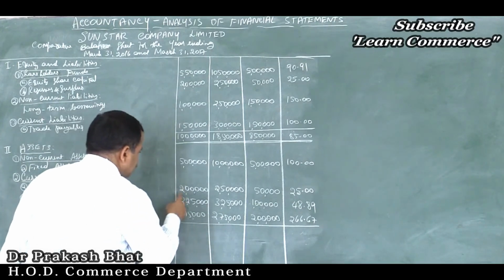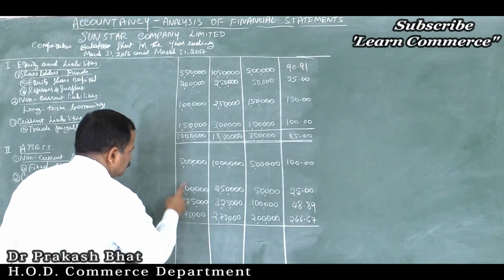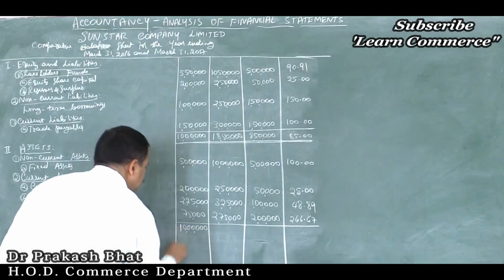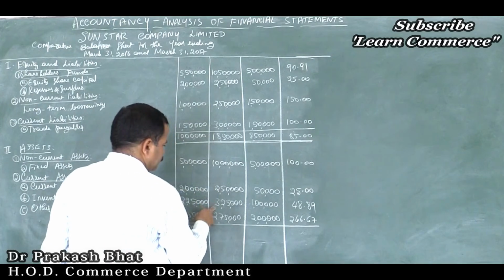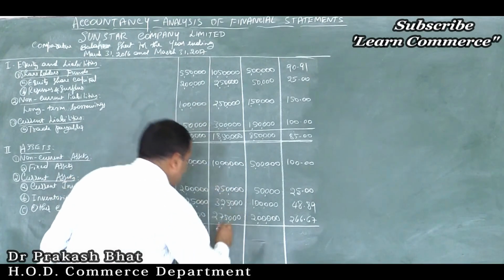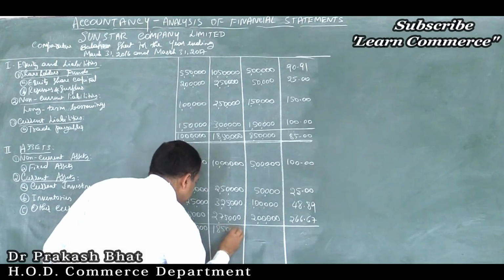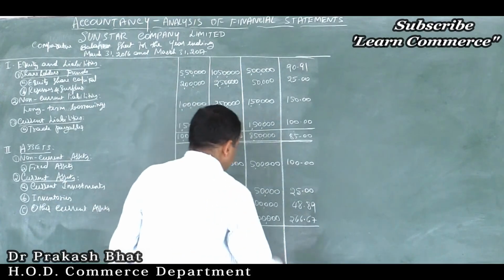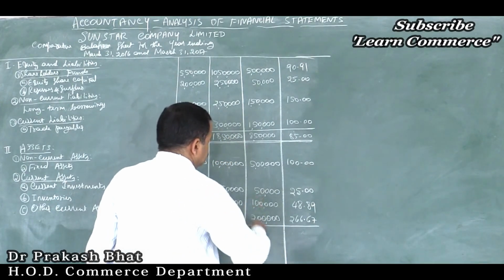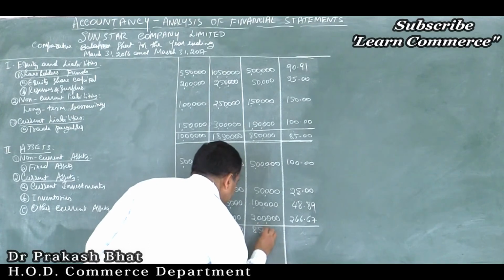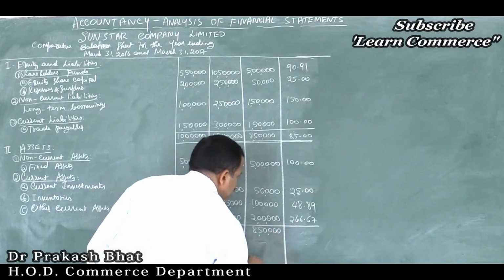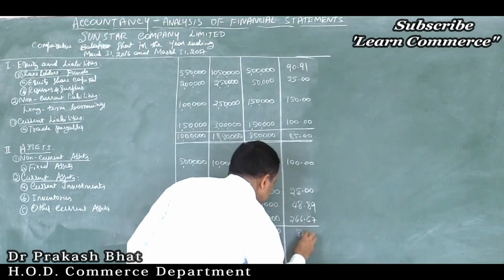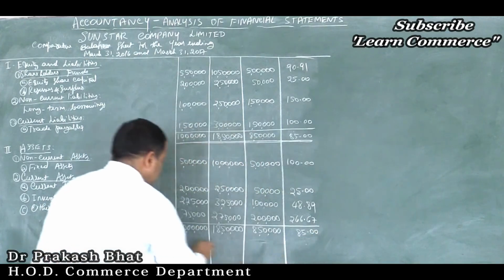Right? Total is 10 lakh here, 18,50,000 here, 8,50,000 increase, and here again that is 85%.